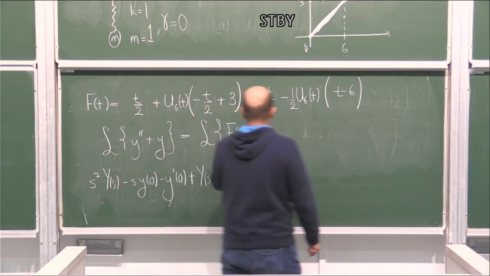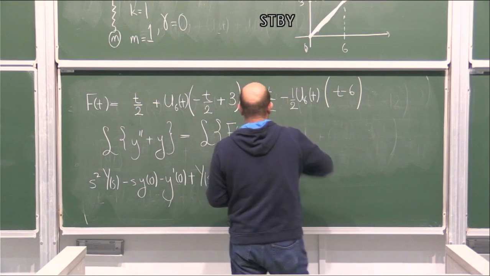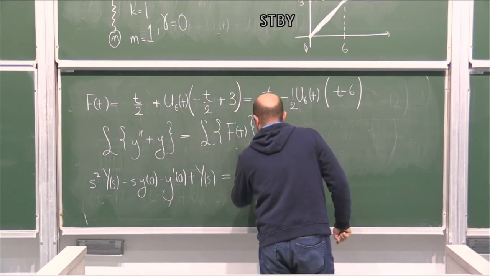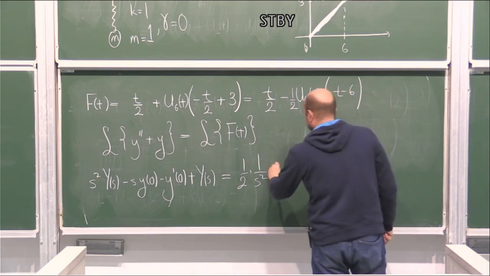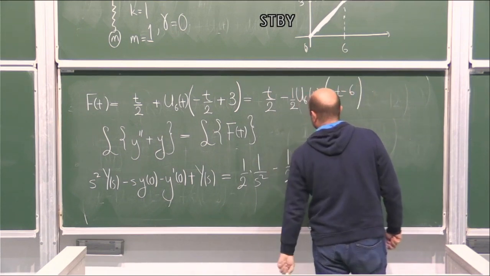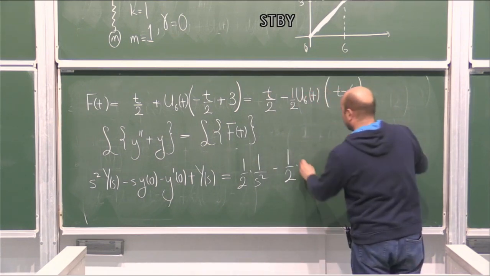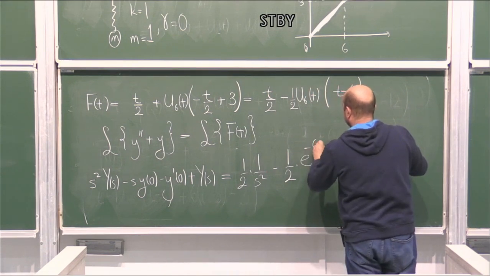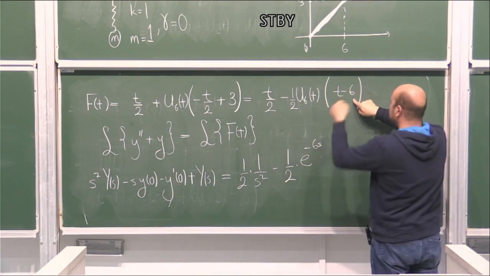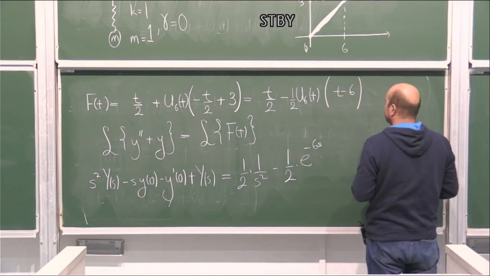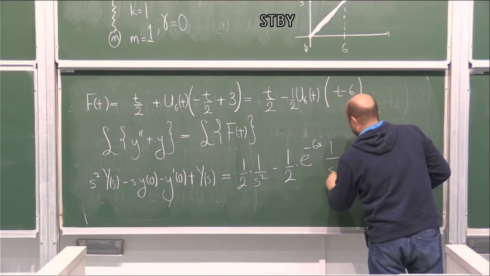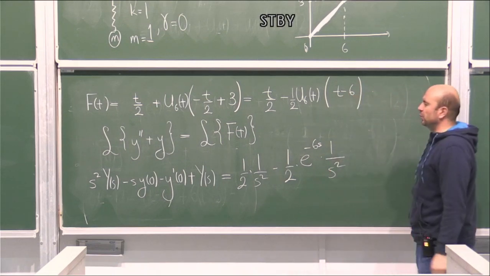The other side is the Laplace of this. The Laplace of t over 2 is 1 over 2 times 1 over s squared, minus 1 over 2 times u6(t). So we will have e to the minus 6s. t minus 6 is already shifted, and the original version was t, so we have 1 over s squared. This is what we have.